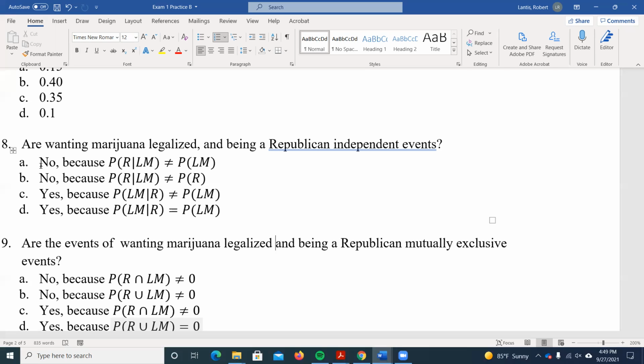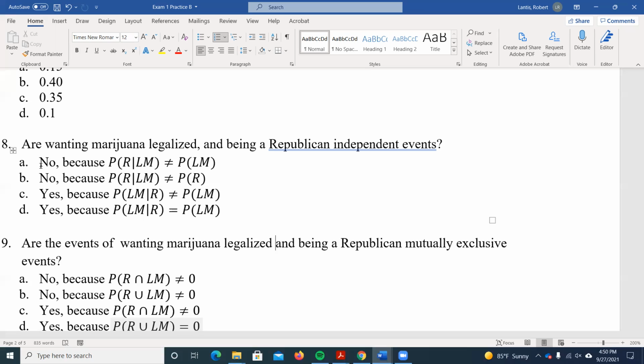So if I had mutually exclusive events here, what's going to be true, remembering that this represents my conditional probability? If I have mutually exclusive events, can I have independent events?